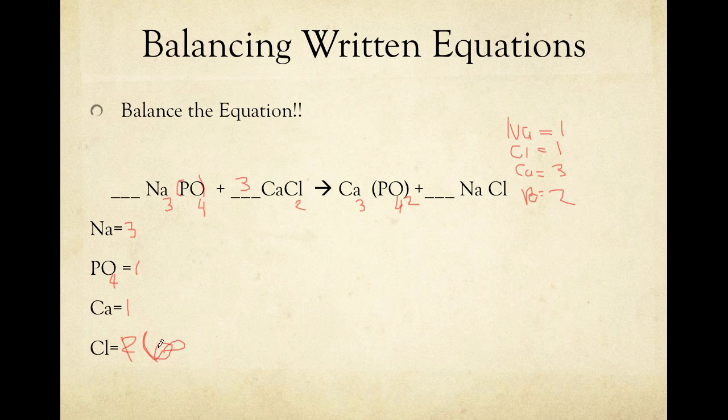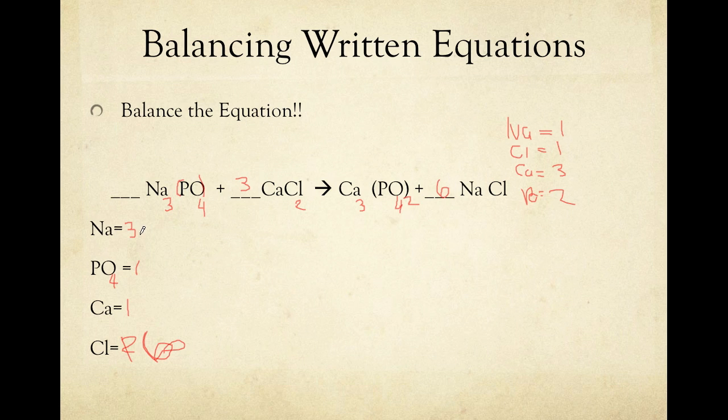Knowing this, if we have 6 for chloride, we're going to need 6 chloride on this side as well. So let's put a 6 in front of our sodium chloride. So now that we have our 6 chloride, they both balance.